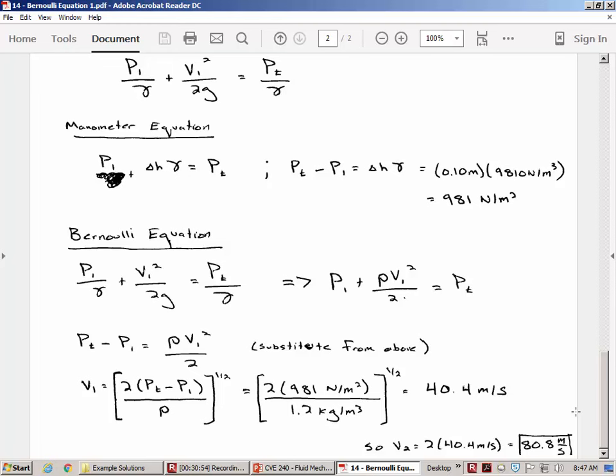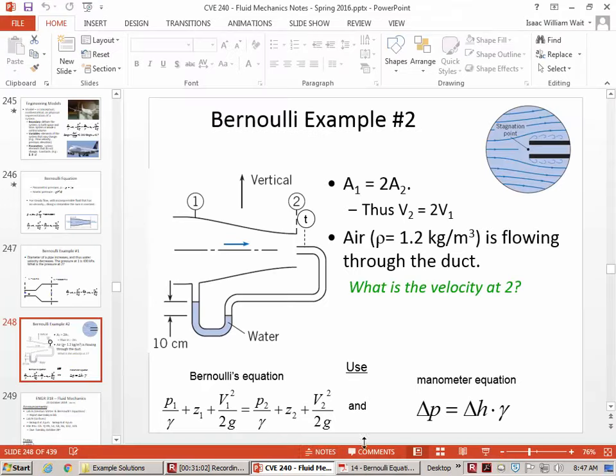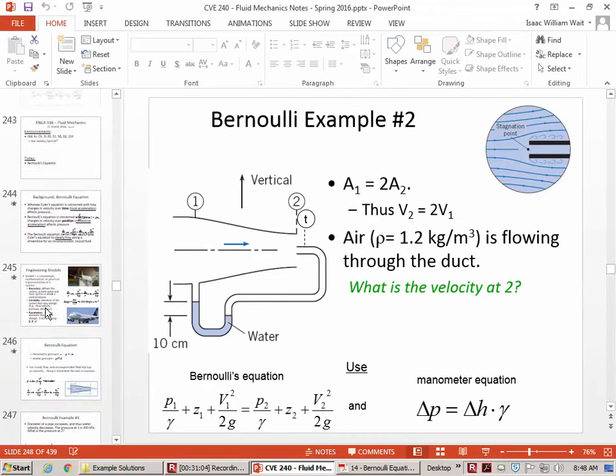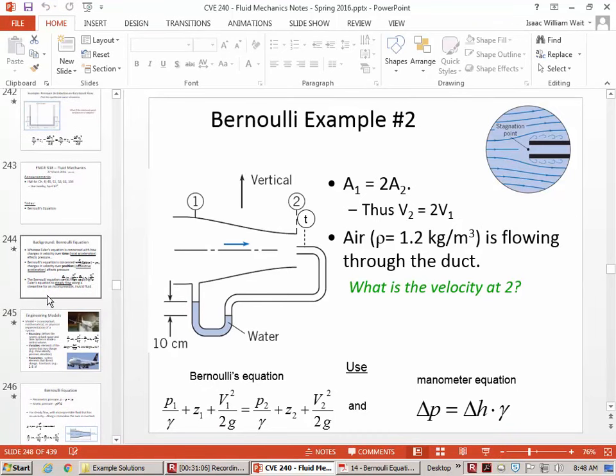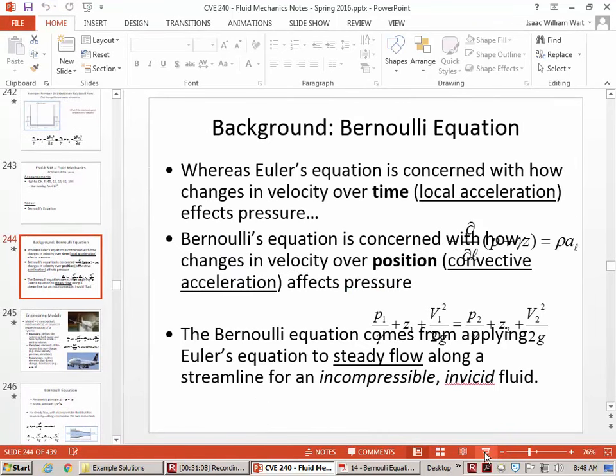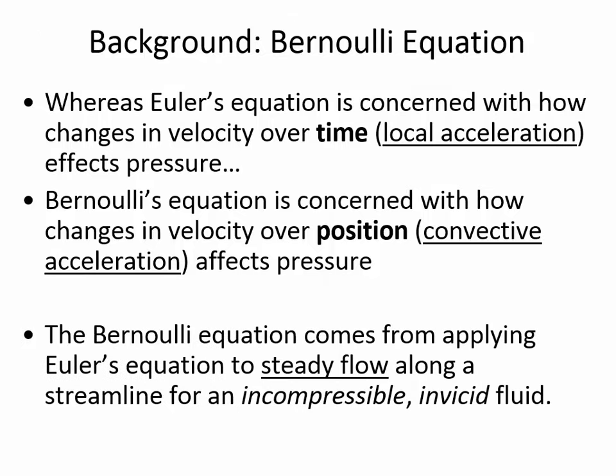All right. So Bernoulli's equation is very useful, but remember, when we're talking about fundamental equations, they have respectable, lofty origins, but they also come with limitations. And so the limitations for Bernoulli's equation, what we're assuming is that we're applying it for steady flow, meaning the conditions are constant over time, along a streamline for an incompressible, inviscid fluid.